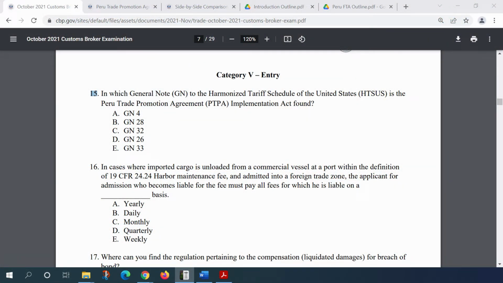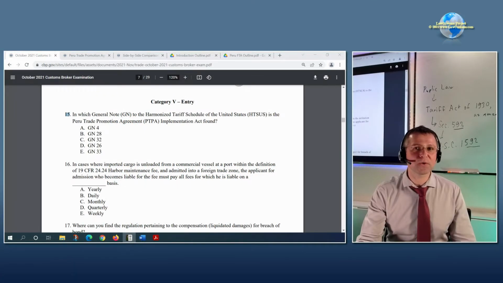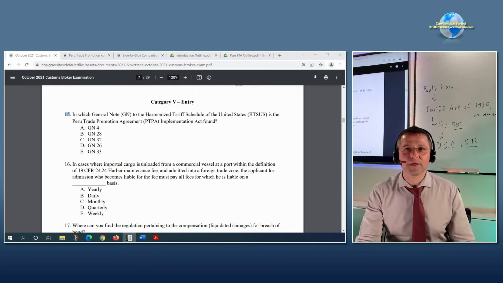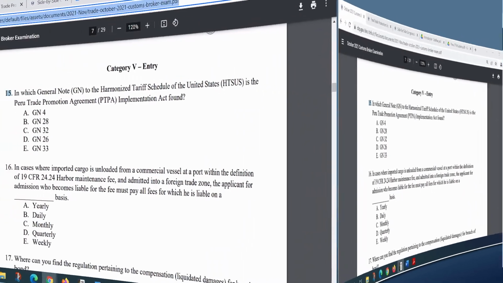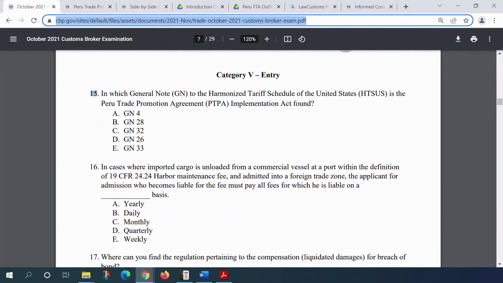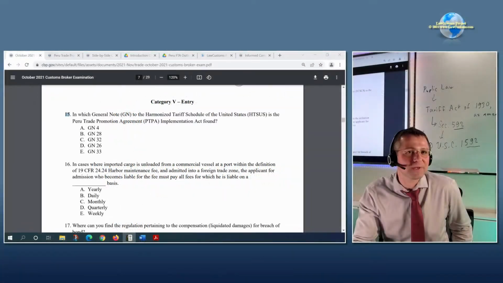I could easily see this particular question, question 15, coming up under the free trade agreement section. Let me see. All right, so as I was saying, this is mostly the HTS-US question, and this would be under the free trade agreement rubric, not under the entry rubric.